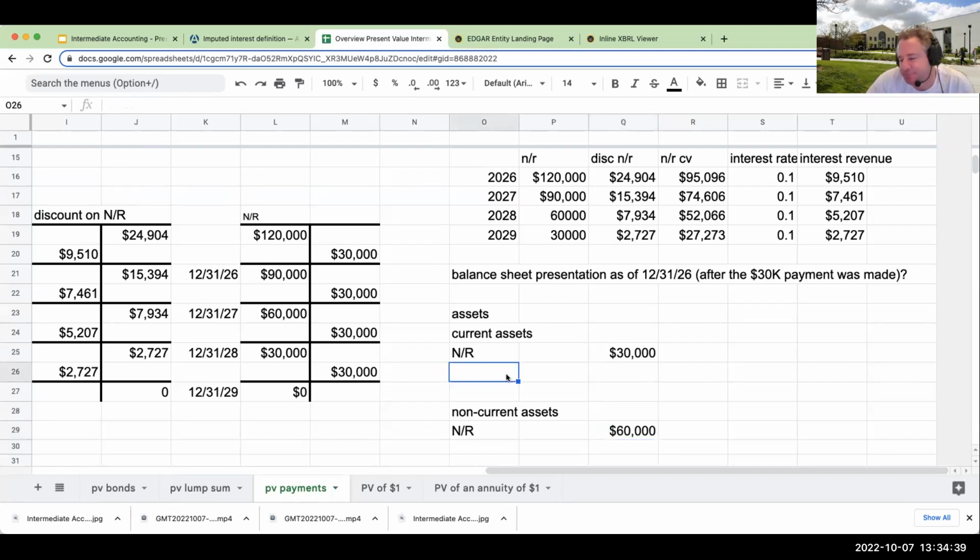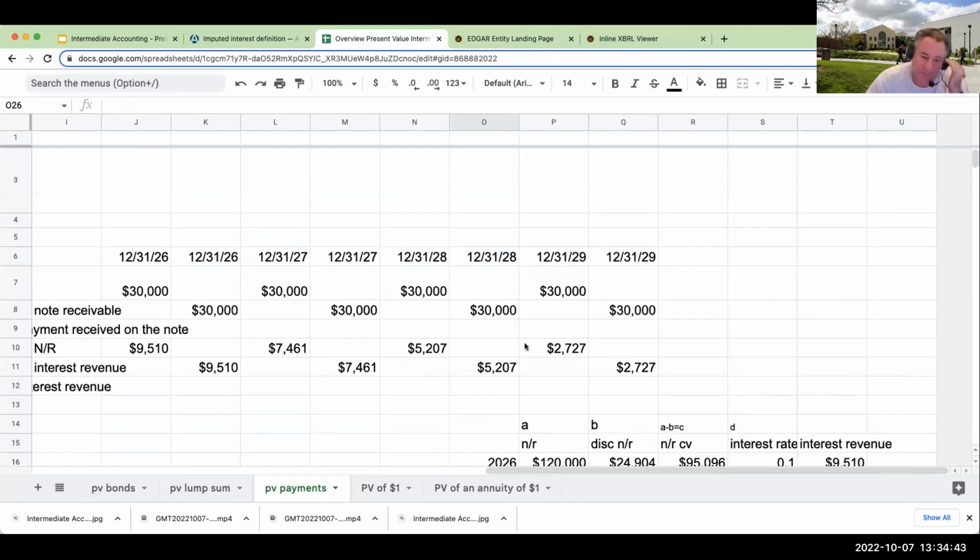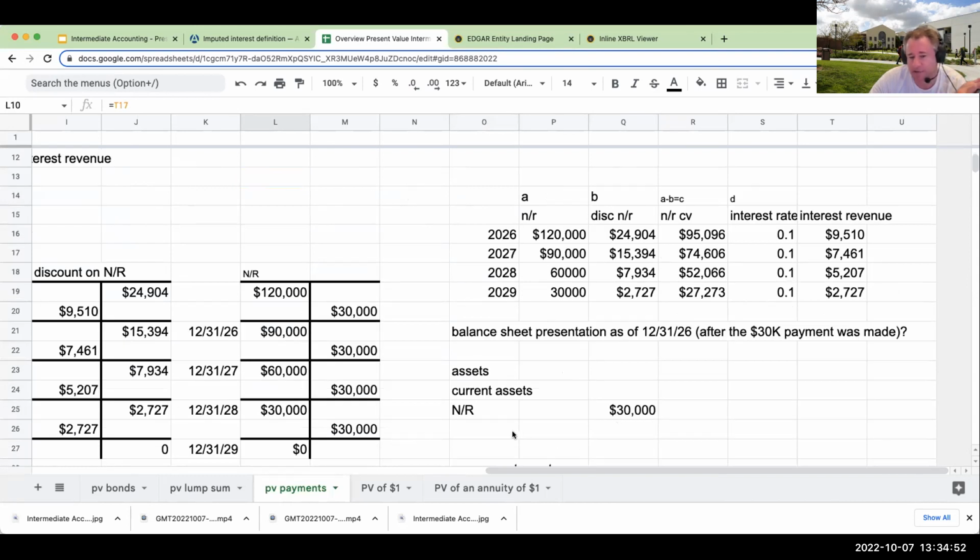Now here's the fun part. For the discount on notes receivable associated with this 30,000, I would take less discount on notes receivable.